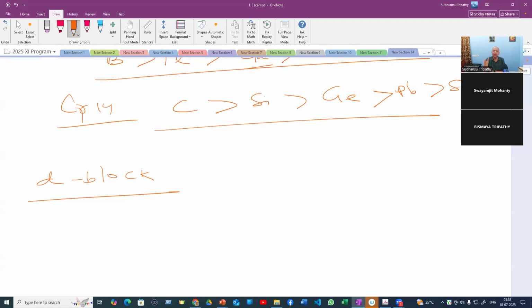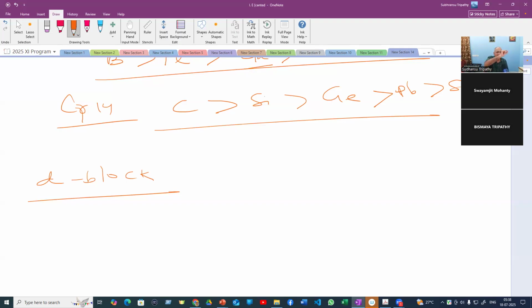But down the group, you will find an interesting observation. In this series, zinc has the highest. But when you jump from zinc to gallium, 30 to 31, you will find a sudden decrease because you will be removing an electron from the 4p, not 4s.